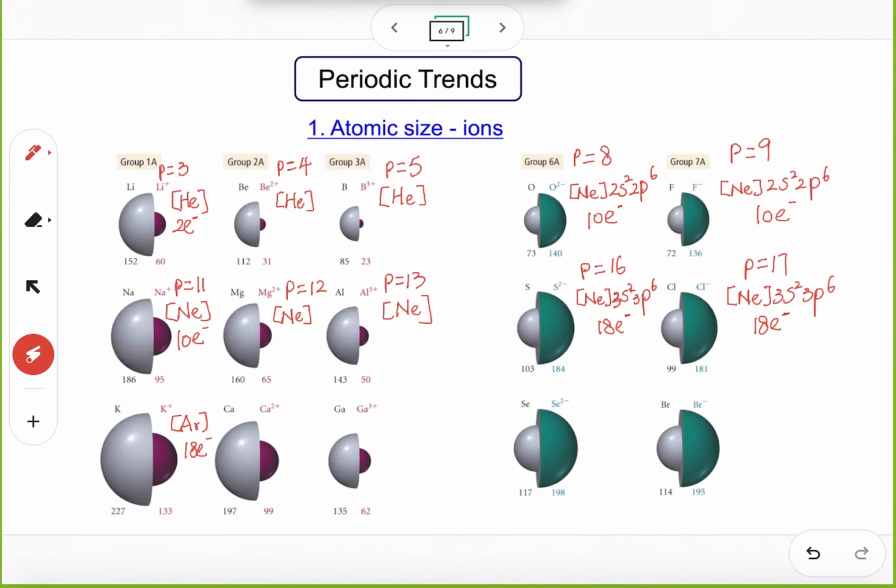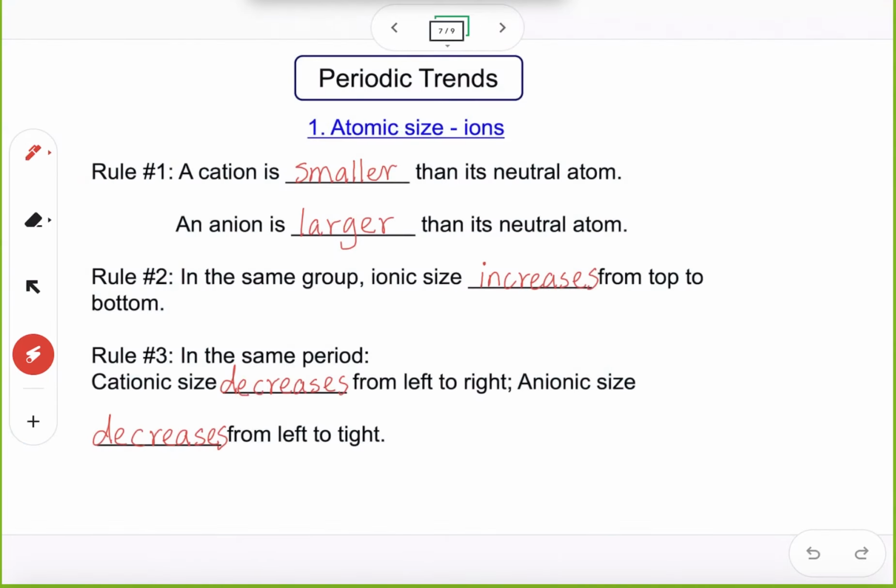And this slide shows you the summary or the answers to those blanks. So I hope this will help you see the trends better.